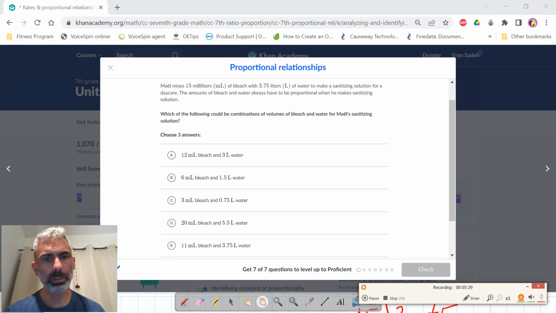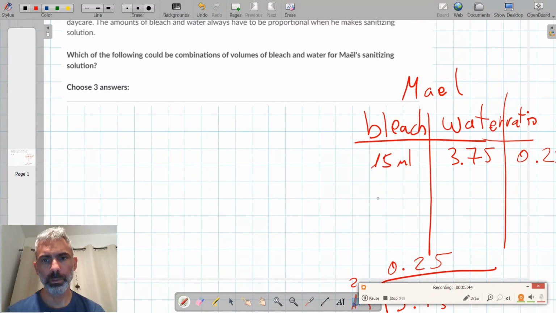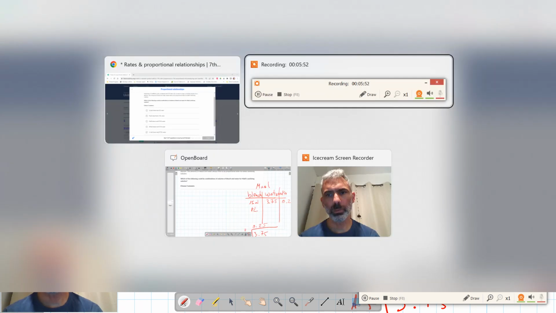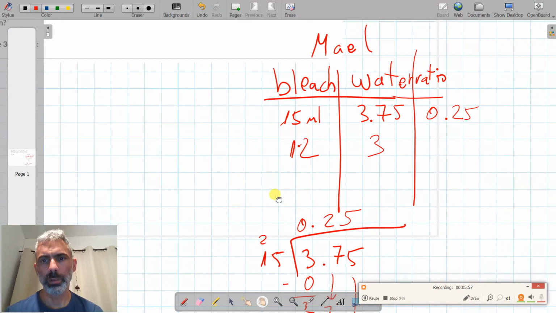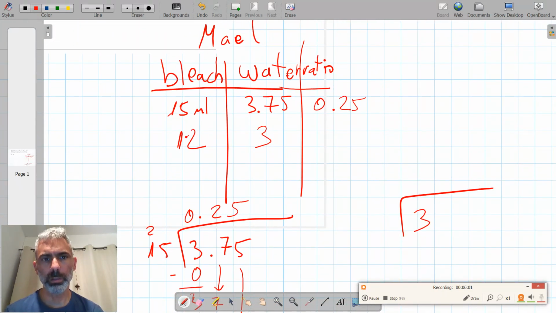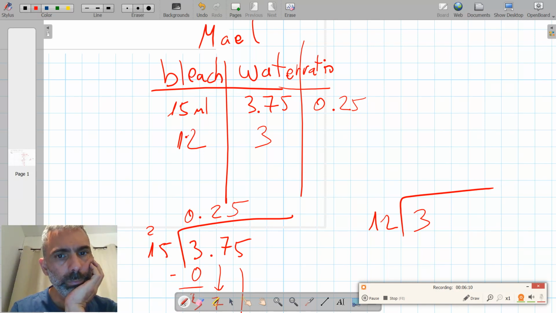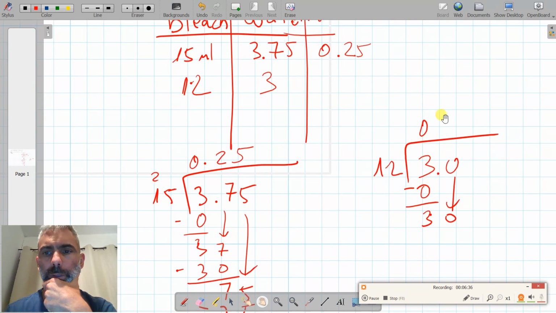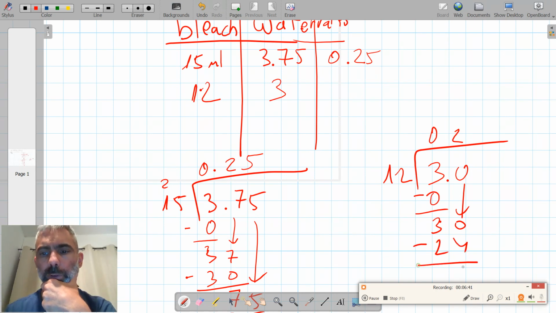12 milliliters of bleach and 3 liters of water. 3 divided by 12. 12 goes into 30 2 times. 2 times 12 is 24. 6 left.